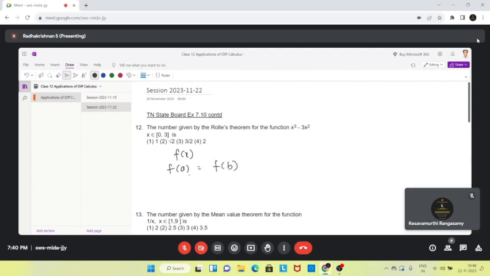There are two points, a and b. This is some function, it looks like this. Suppose f of a is equal to f of b. So look at these two places, this is a.